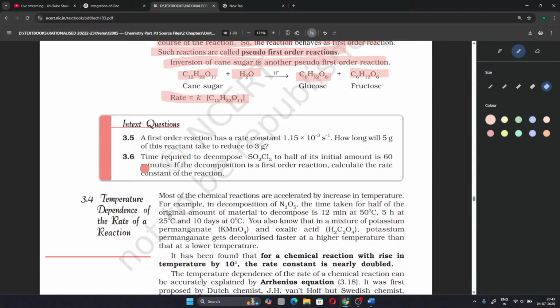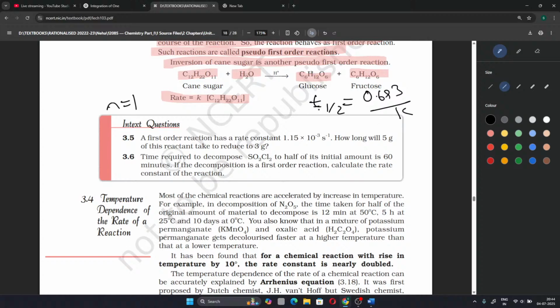The next question: the time required to decompose thionyl chloride to half of its initial amount is 60 minutes. If the decomposition is a first order reaction, calculate the rate constant of the reaction. Basically, they gave the value of t half. For n equals 1, we know that t half equals 0.693 by k.